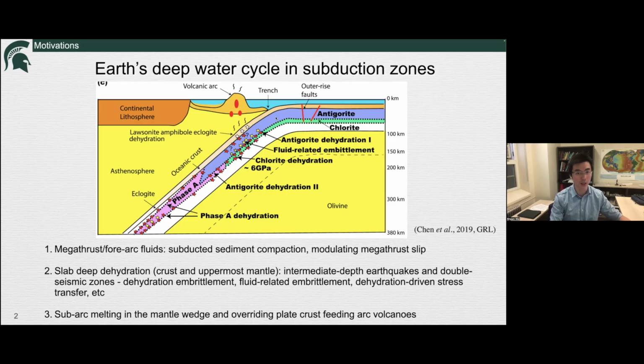That's where a lot of large devastating earthquakes happen. The second part is the slab deep dehydration, which we usually relate to intermediate depth earthquakes. And the third part is subarc melting in the mantle wedge and also in the crust that feeds the volcanic arc.